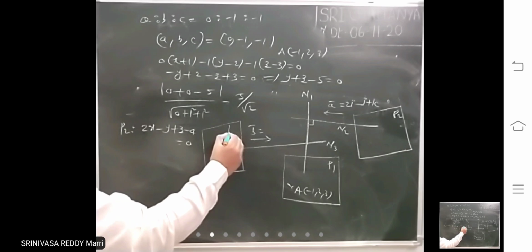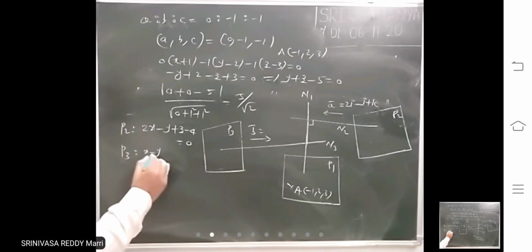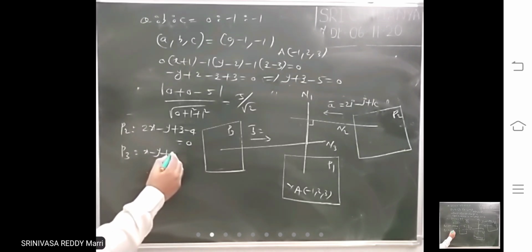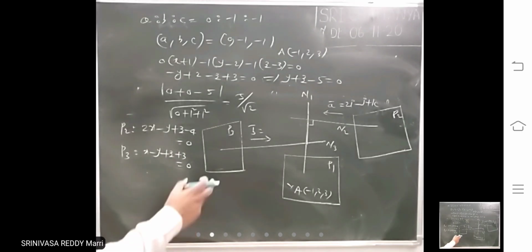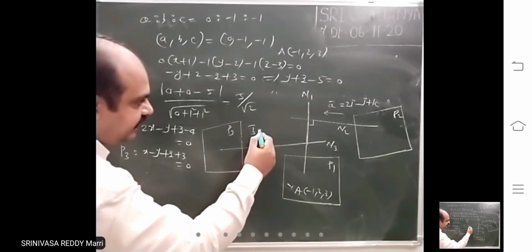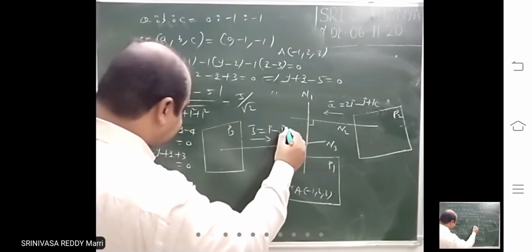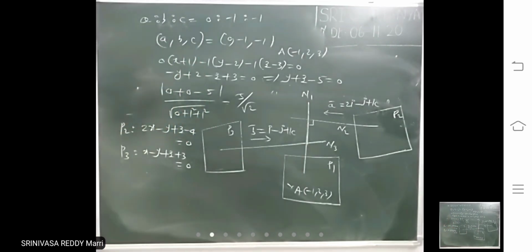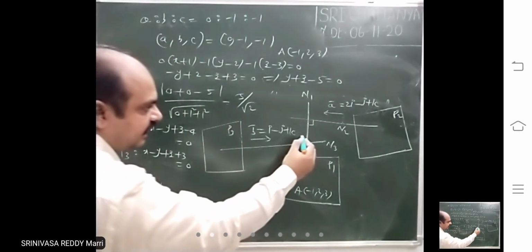For plane 3, this is plane 3. x minus y plus z plus 3 equal to 0. That means normal DRs you know, 1, minus 1, 1. Normal vector is what? i minus j plus k. So now n1 is perpendicular to this normal as well as this normal.